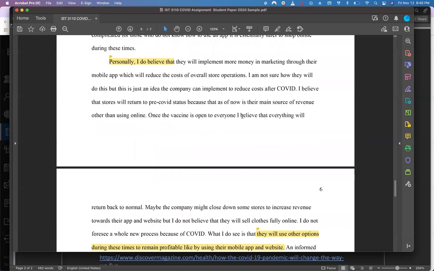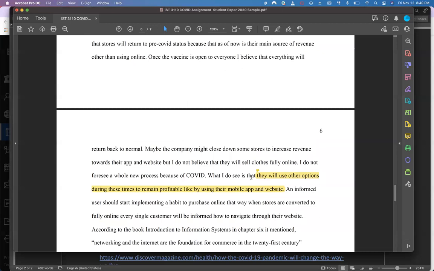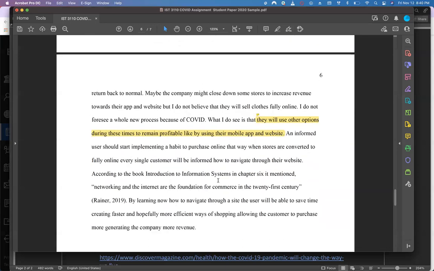Once the vaccine is open to everyone, I believe, right? What I do see is that, and this is the conclusion, this is the implication part, that last question of the prompt, the last section of the prompt, which had to do with what do you believe are going to be the implications of post-COVID? Like, are they going to keep things, go back to pre-COVID, move forward, and so on?